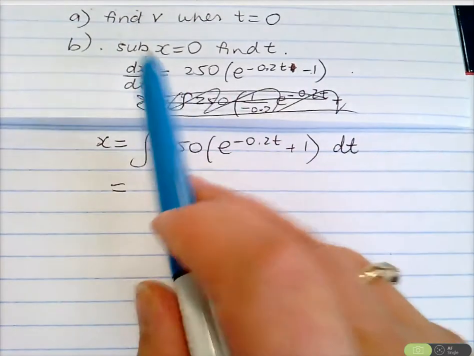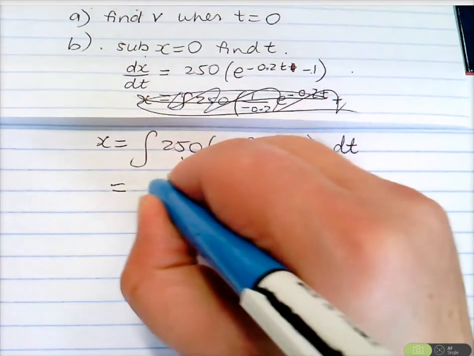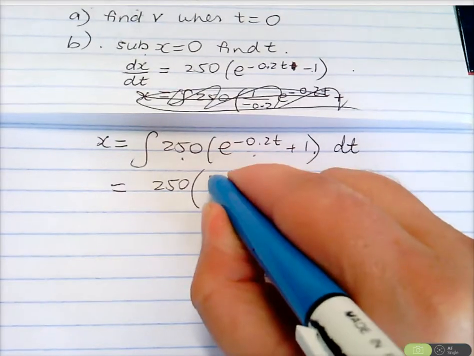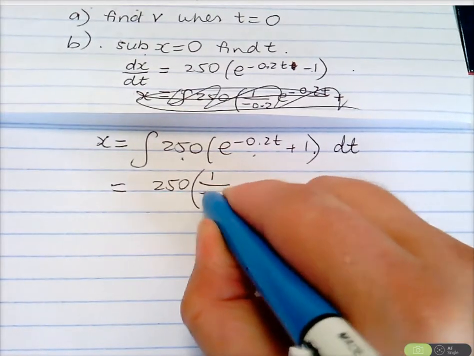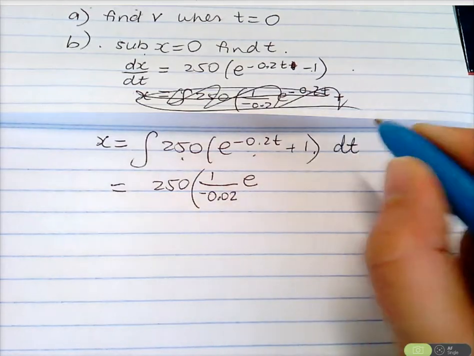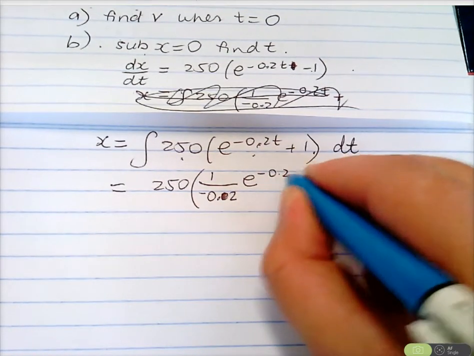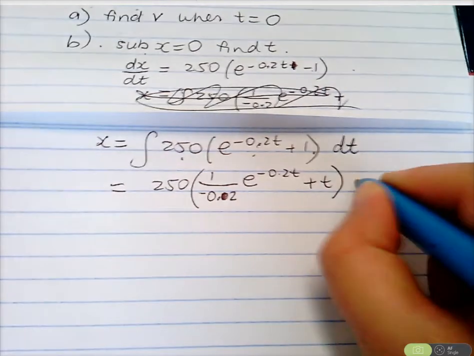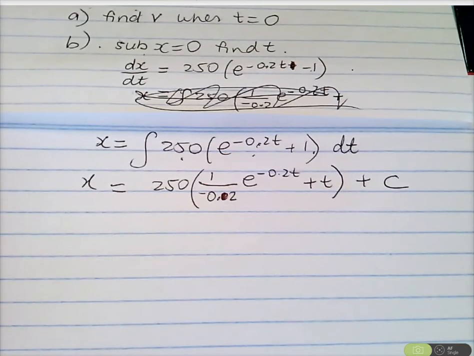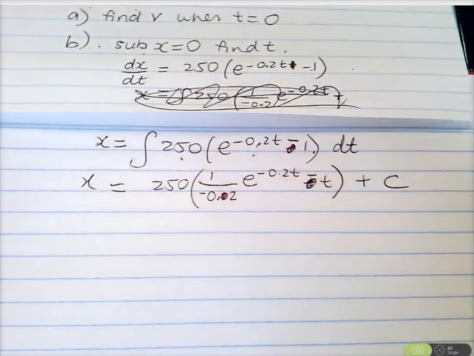So if dx/dt is that, x is the integral of that, which is 250, because 250 is the constant, times 1 over negative 0.2, e to the negative 0.2t, plus c. The equation has minus 1, so it's minus t. All right?